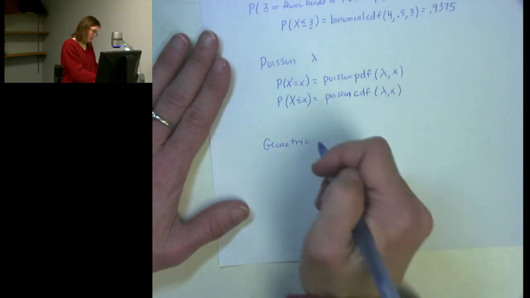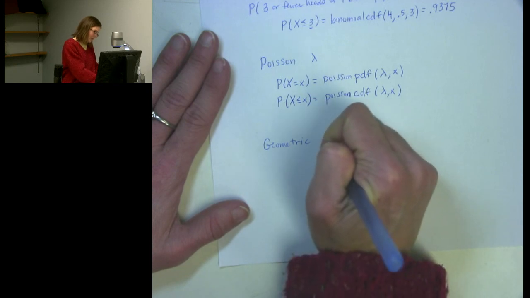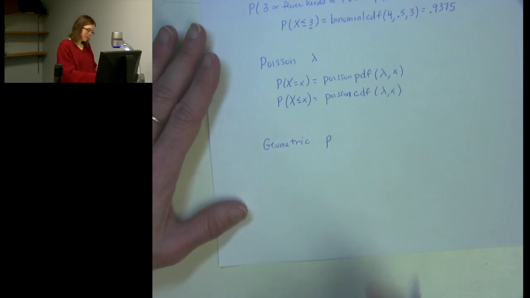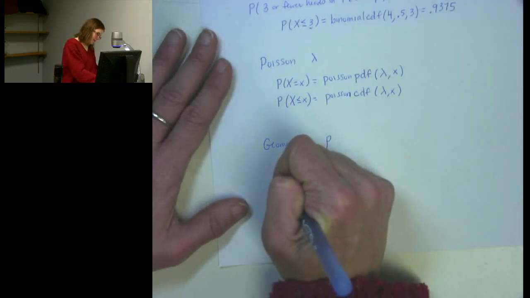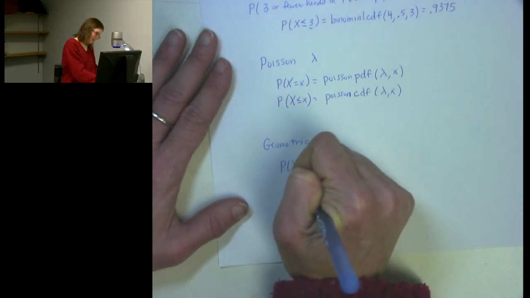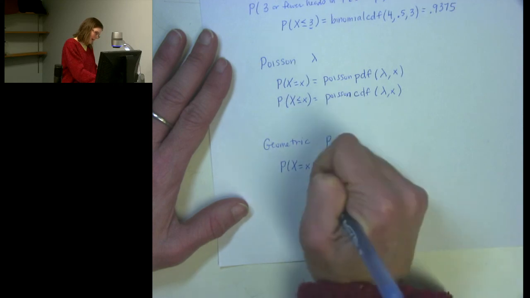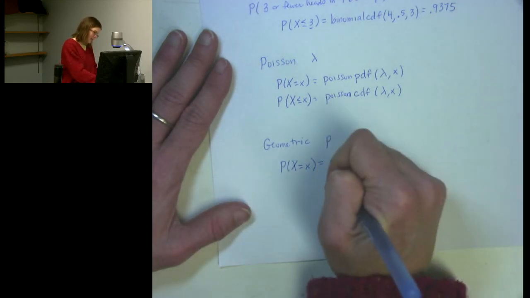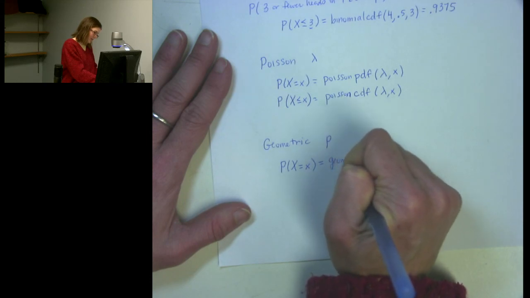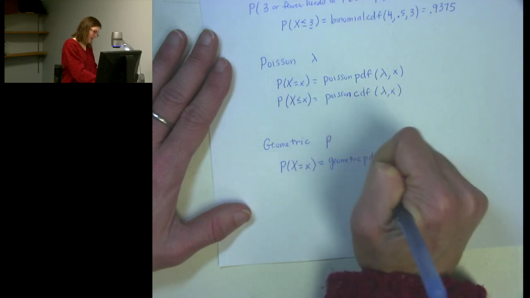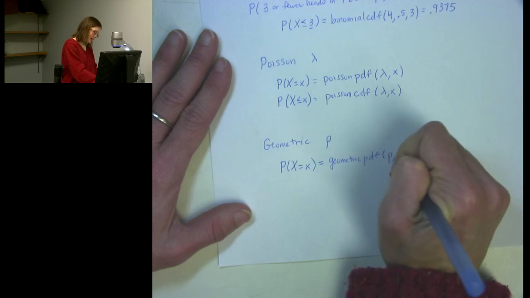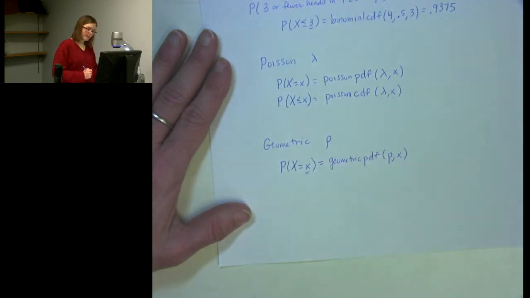The geometric distribution is parameterized by the probability of success on each individual trial, P. When we want to find the probability that it takes exactly a particular number x trials to have our first success, we can use the geometric PDF. We need to enter our P value and our x value that we're interested in here.